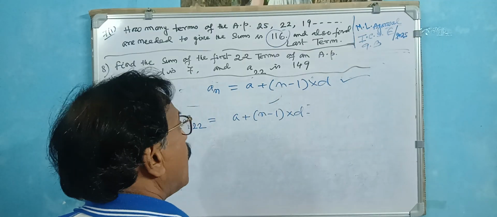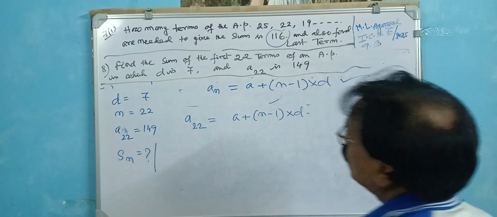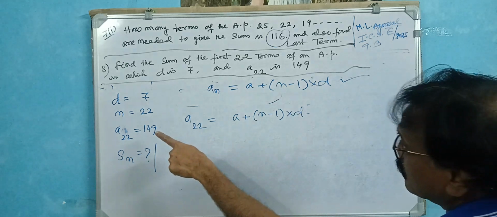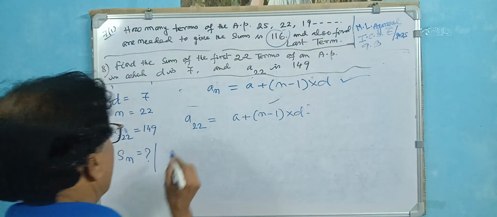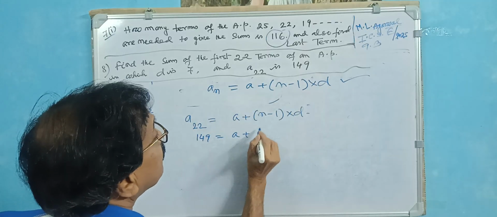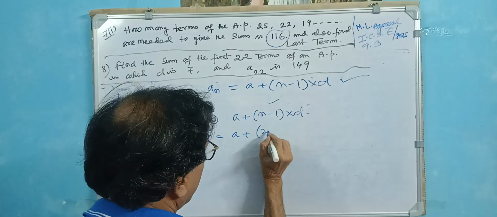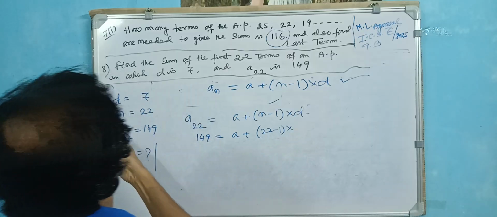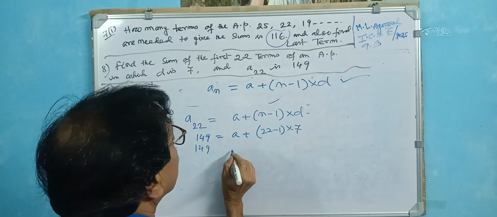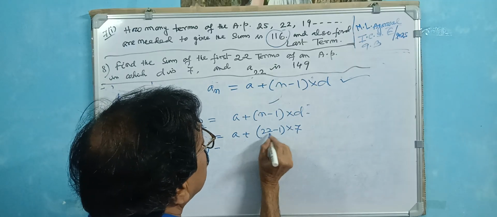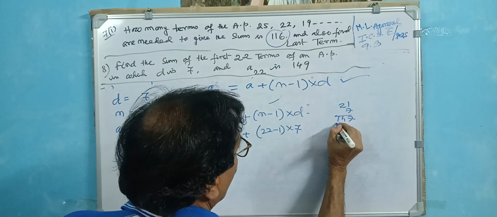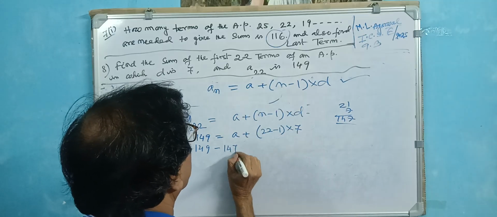You apply this first and from there you get a. a22 is 149, so 149 equals a plus (22 minus 1) into 7. That is 149 minus 21 into 7, which is 147.